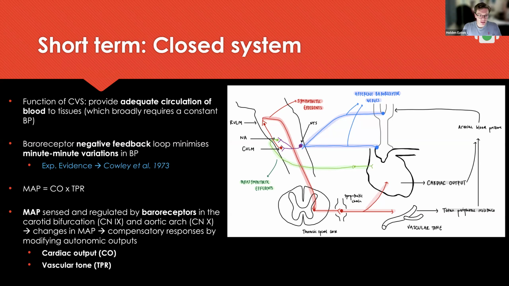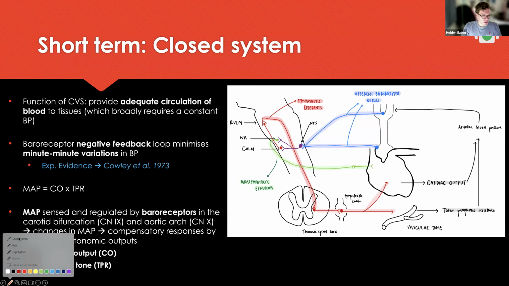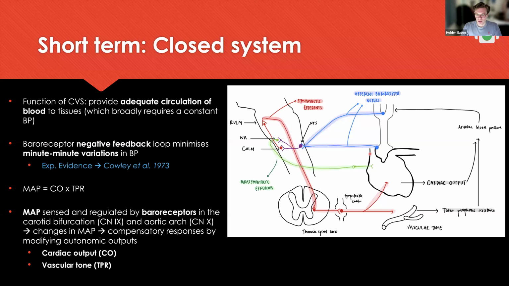The output of this system is via the sympathetic nervous system, and on the diagram we'll use a pointer. Via the sympathetic efferents and via the sympathetic chain, you have control over cardiac output.